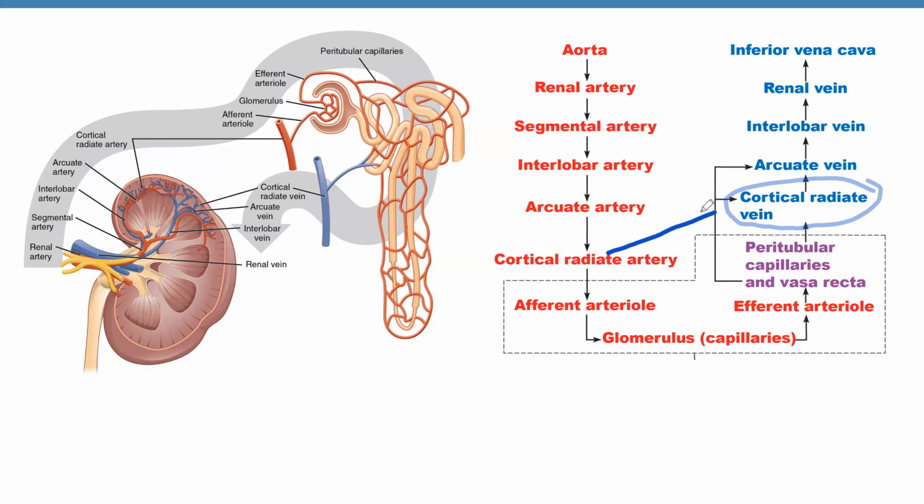You see, we have cortical radiate artery and cortical radiate vein, so they radiate from arcuate vein, right? So we have arcuate vein, interlobar vein, renal vein, and inferior vena cava. So you can see that segmental artery exists, but we don't have segmental vein. But the rest of the names are the same. Renal artery, renal vein, interlobar artery, interlobar vein, arcuate artery, arcuate vein, cortical radiate artery, cortical radiate vein.